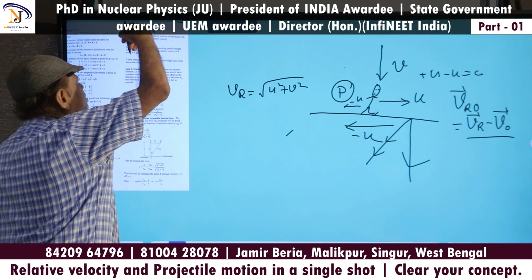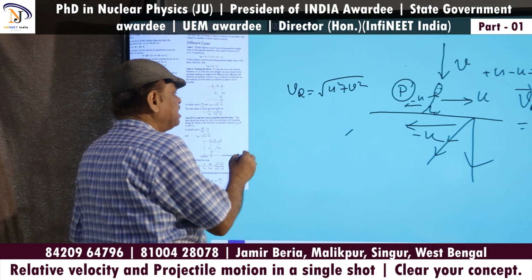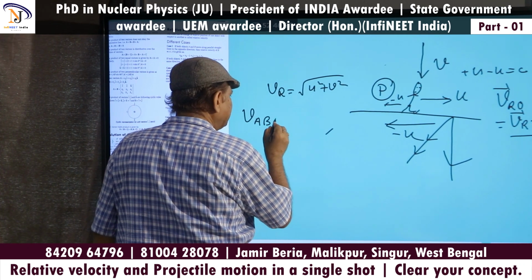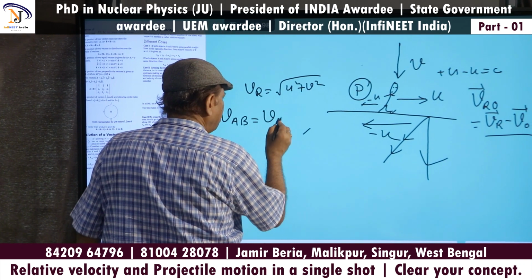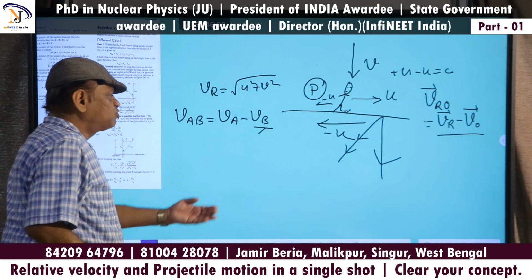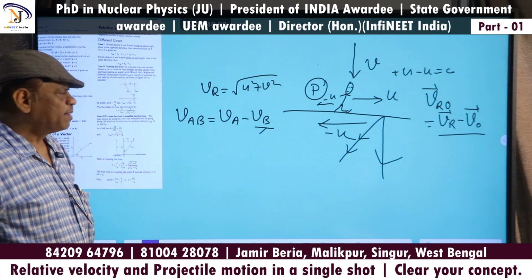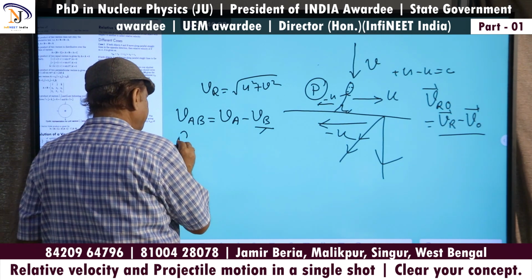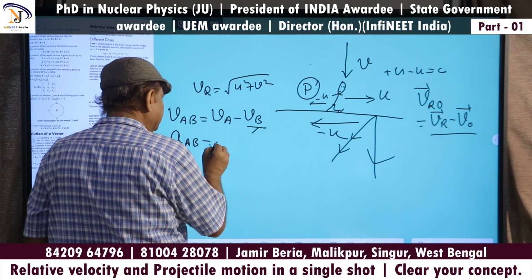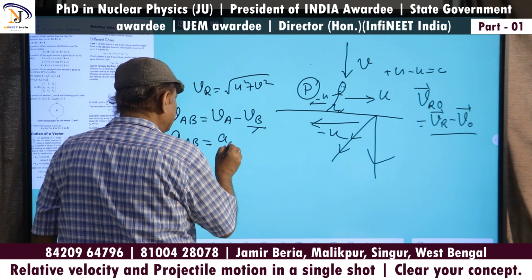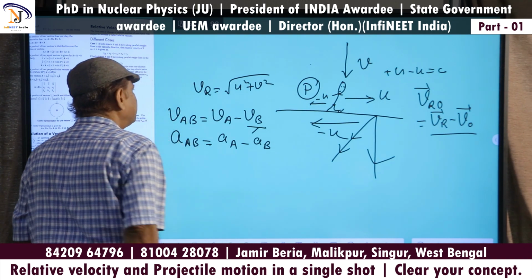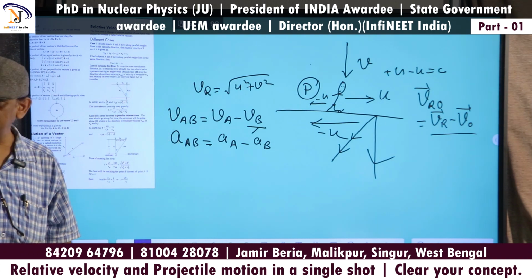Everywhere we have used this: if it is called VAB, it is termed as velocity of A with reference to B. With reference to means negative. Suppose it is acceleration, same. If it is acceleration AB, then you can write acceleration of A with reference to acceleration of B. Okay, clear?